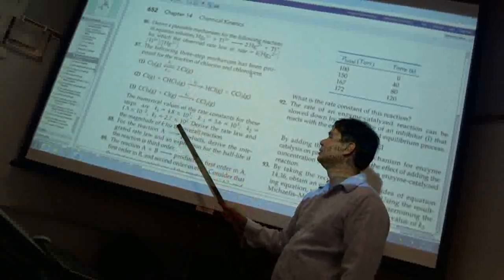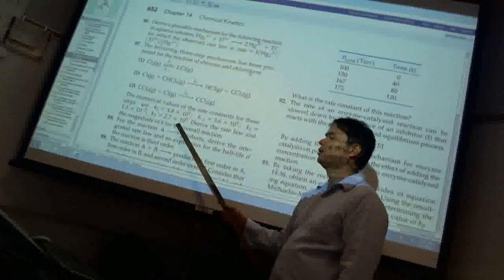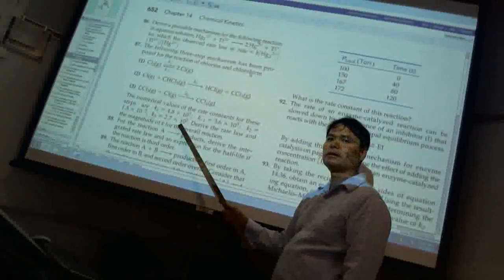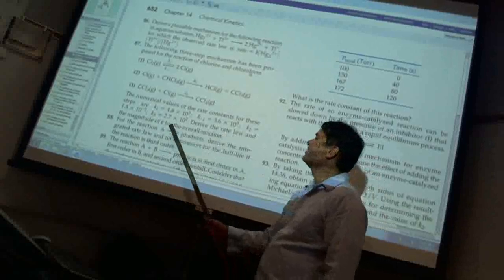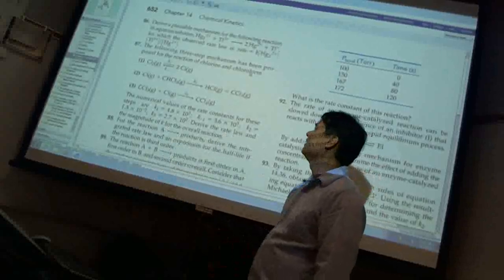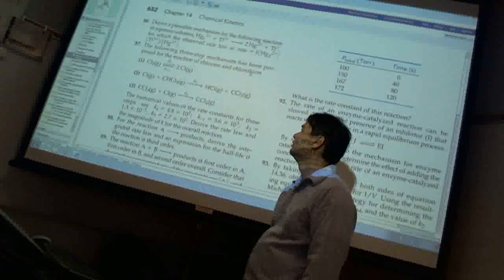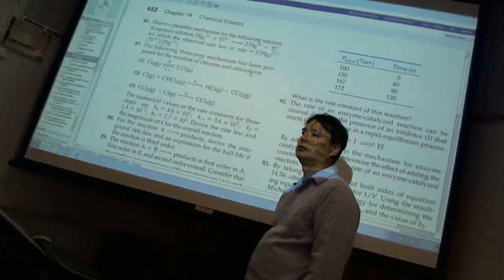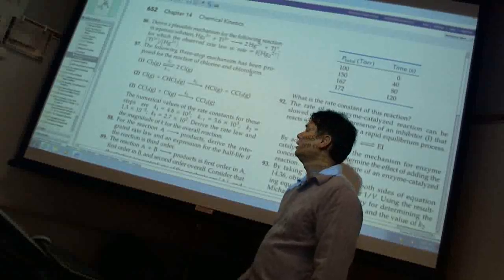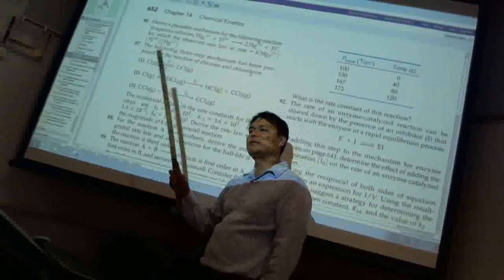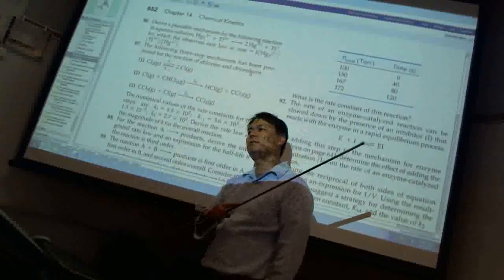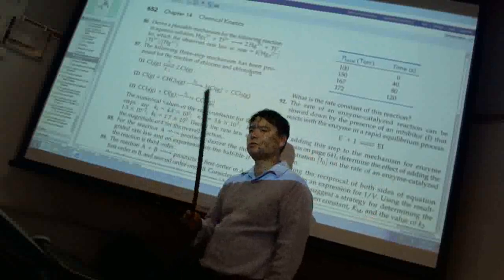K3 is pretty large. K3 is fast. And so derive the rate law. The rate law for this one is complicated because what is the intermediate here? The intermediate is chlorine. But this is more complicated because in the last one we did, the rate of formation was equal to the rate of consumption.